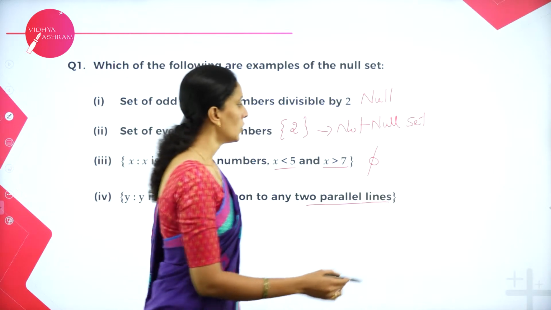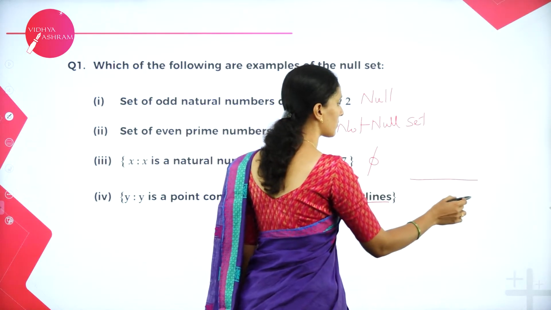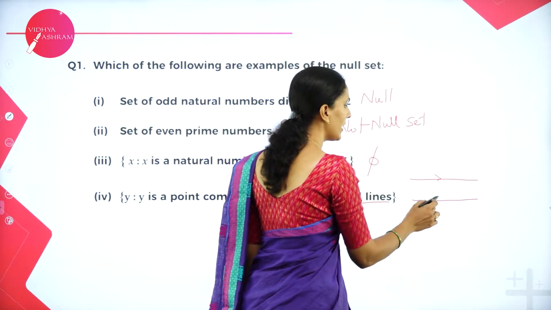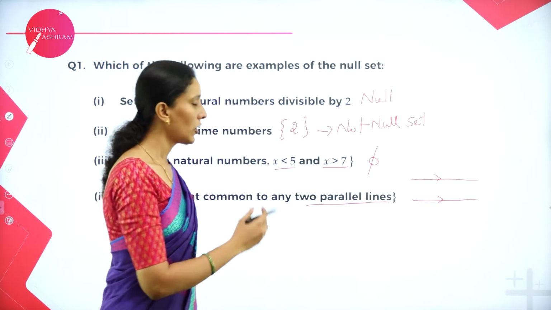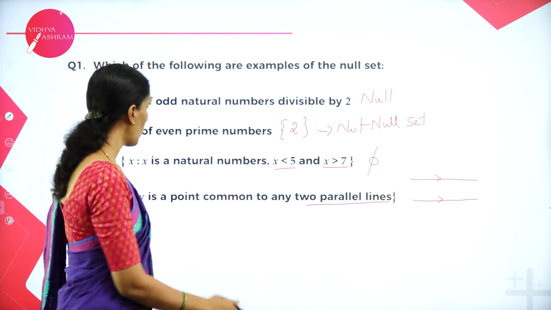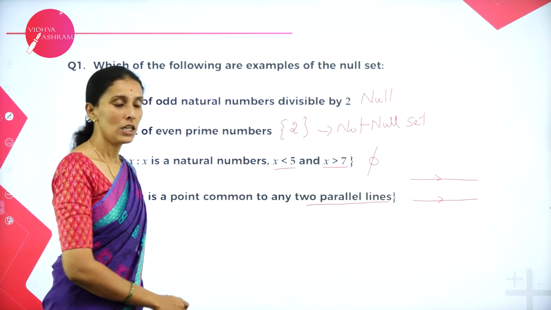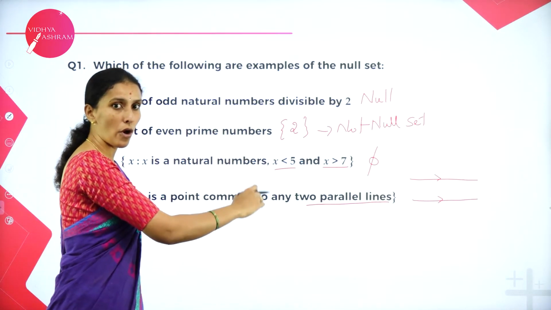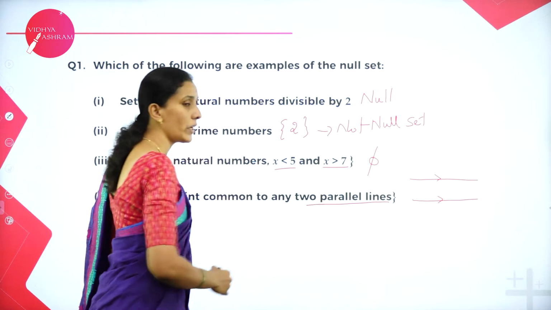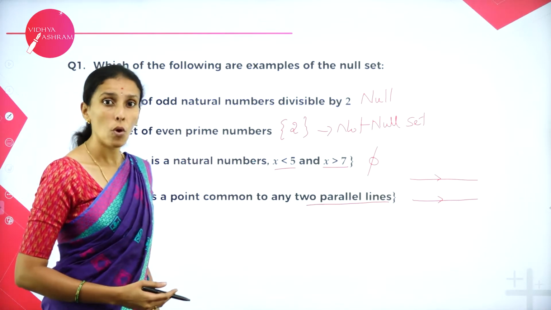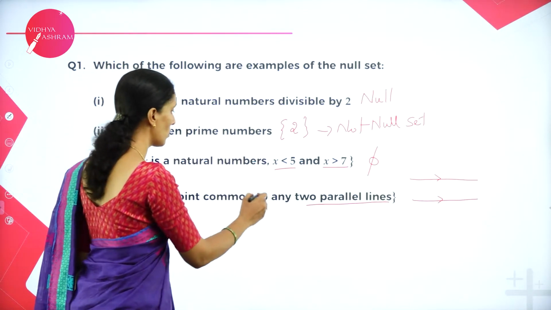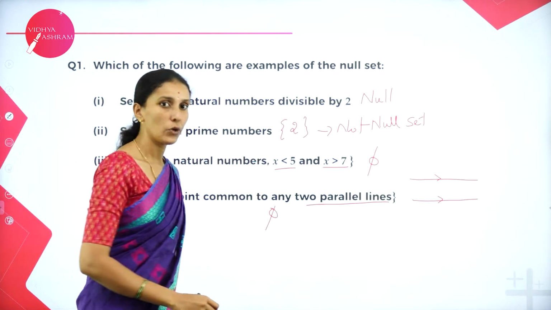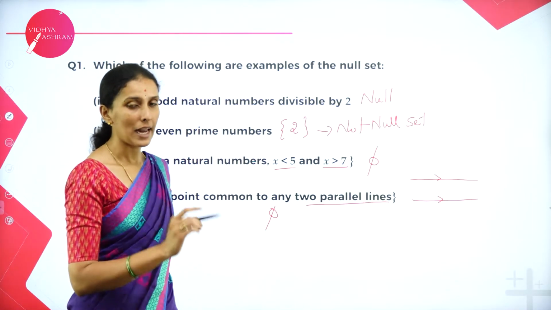We know that two parallel lines will not intersect, even when you extend them. What is the condition given here? We have to find how many points are intersecting between two parallel lines. There are no points because parallel lines do not intersect each other. So this is an empty set, which is an example for a null set.